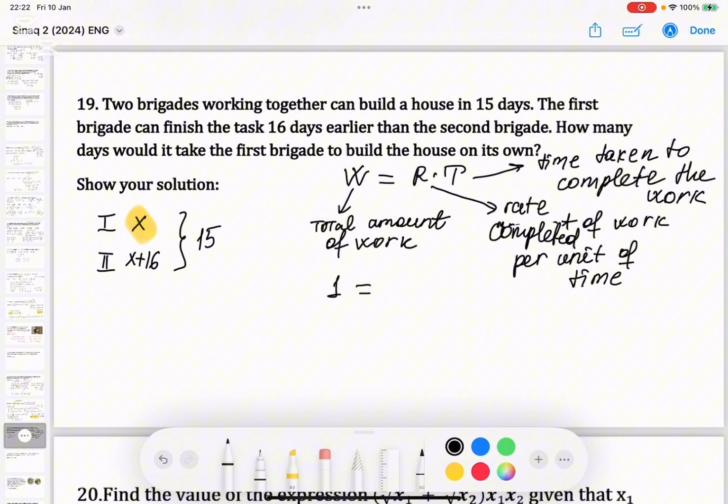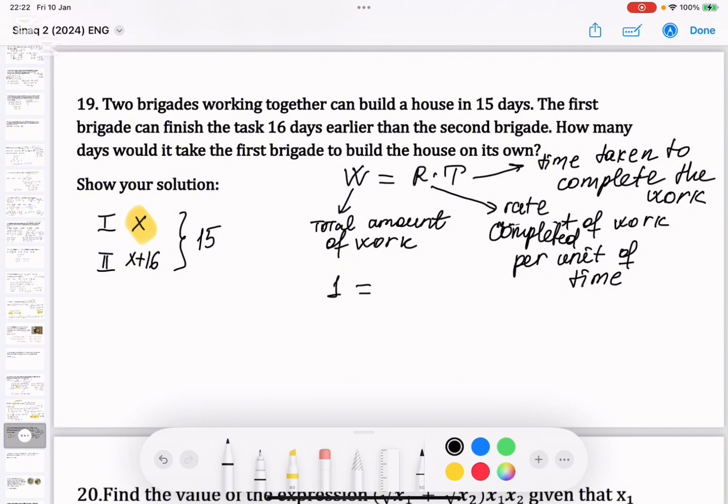Because if they don't tell you how many houses you have to build, you assume that you mean completing the full work: building 100 out of 100 houses, 7 out of 7 houses, 3 out of 3 houses, or 3 over 3 equals 1. So you have to remember, if the total amount of work is not stated in the problem, you can take it as 1. But if it's stated like 300 units and so on, you're going to write 300 instead.